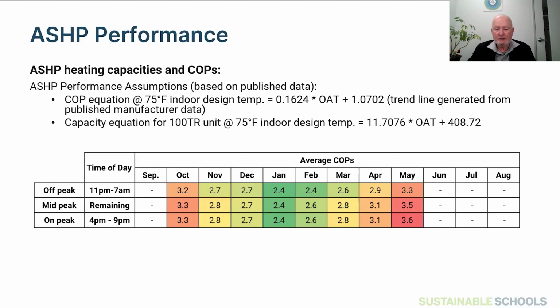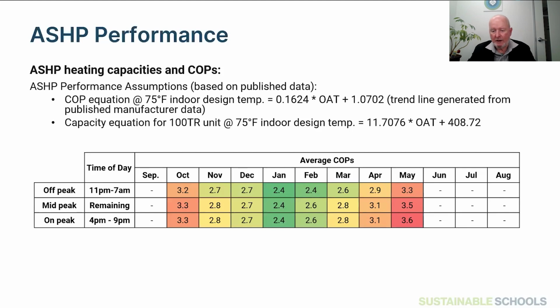Where we looked at typically what the temperatures were like at the different times of day. So you can see, again, we're dividing this between on-peak, mid-peak, and off-peak. We get the best coefficient of performance in the milder months, October and May. And we're around, based on the equipment we looked at, and it varies a little bit between suppliers, but again, the laws of physics are what they are, we're around 2.5, a COP of 2.5.